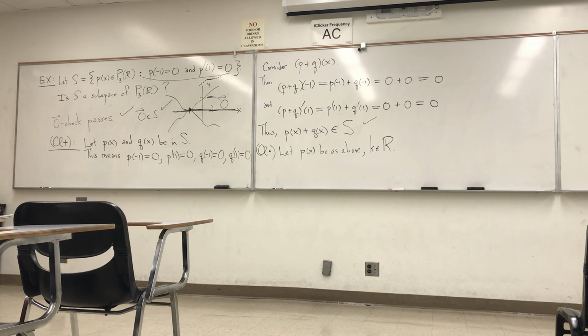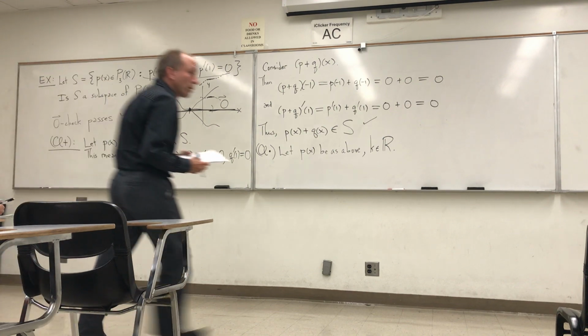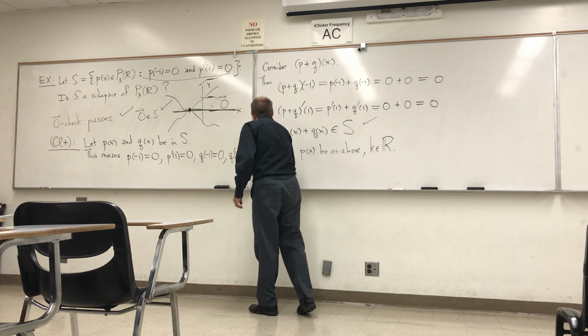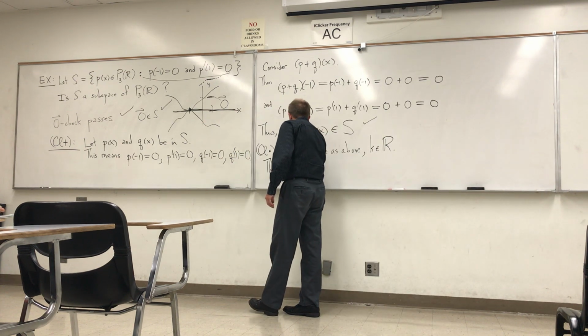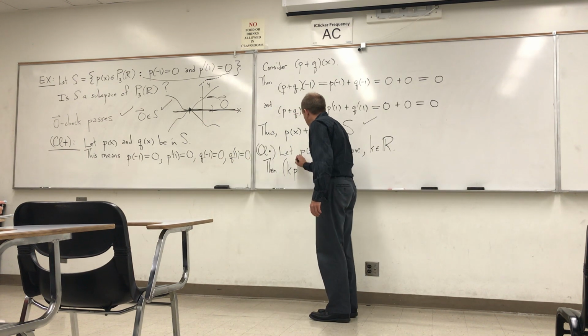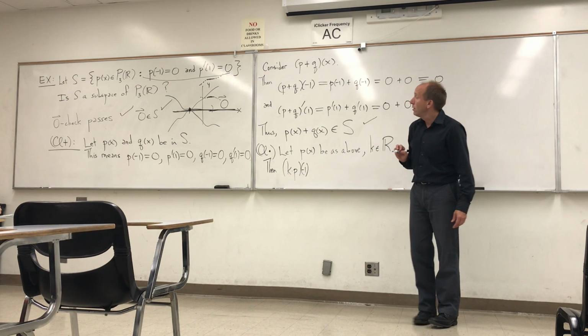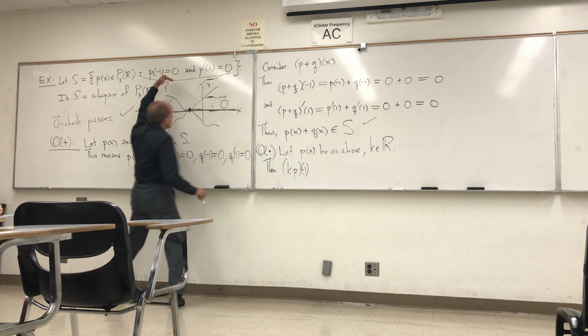There you go. Okay, so we're going to look at K times P of x. So we have two things to check here. If we take K times P and plug in negative 1 into it, again, I'm just coming back to check these two things.